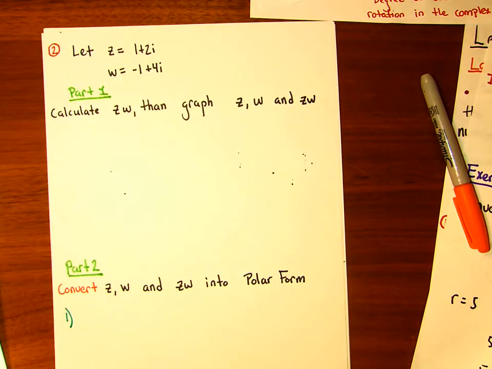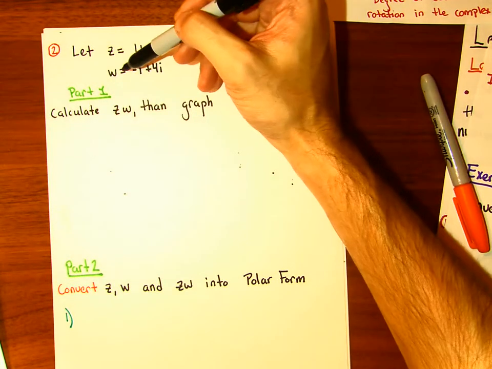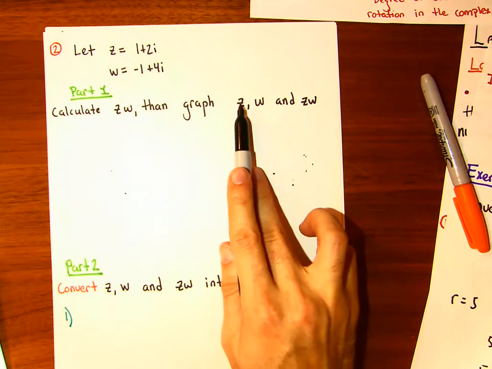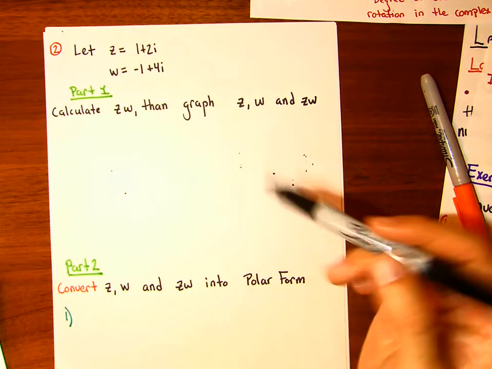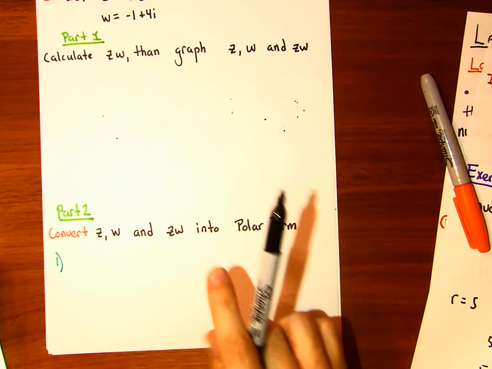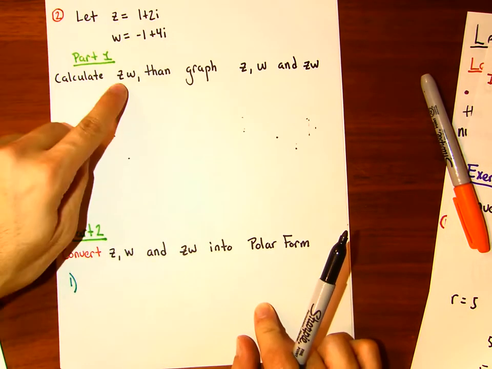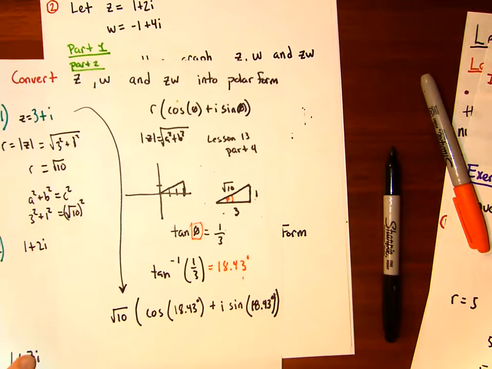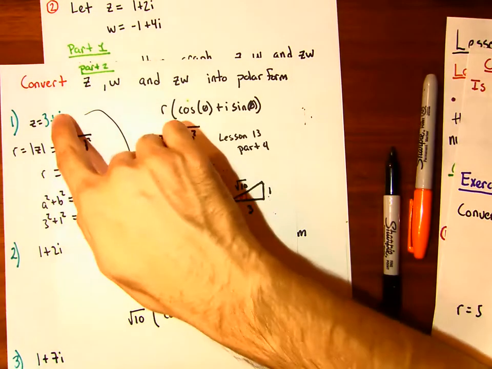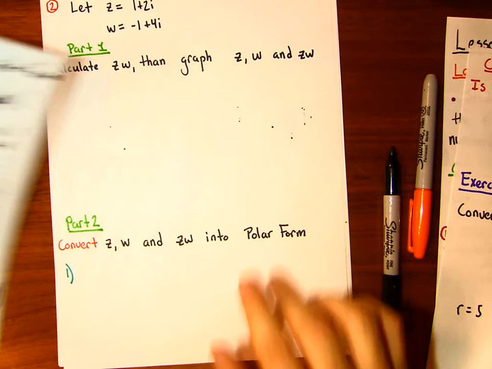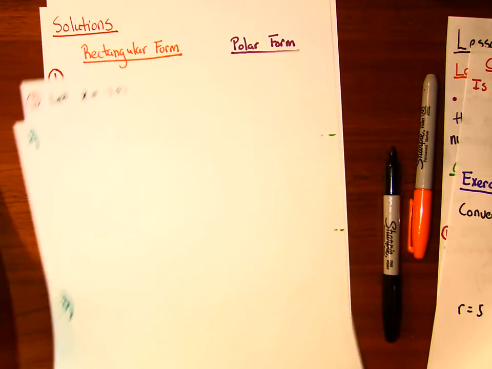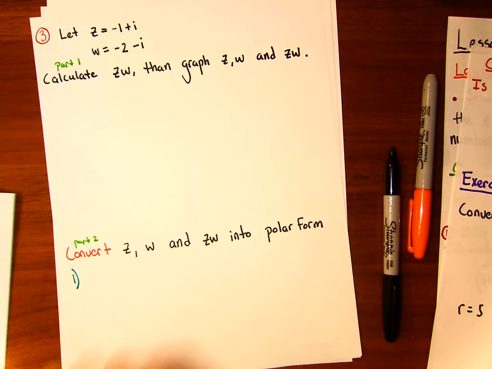Let z equal this, let w equal this, calculate zw, graph z, w and zw, and I want you to do the same thing. Convert these three into polar form. So the same thing that we did over here for this problem, calculating the polar form for these three, I want you to do it for these three. And do the same thing for this one over here as well.